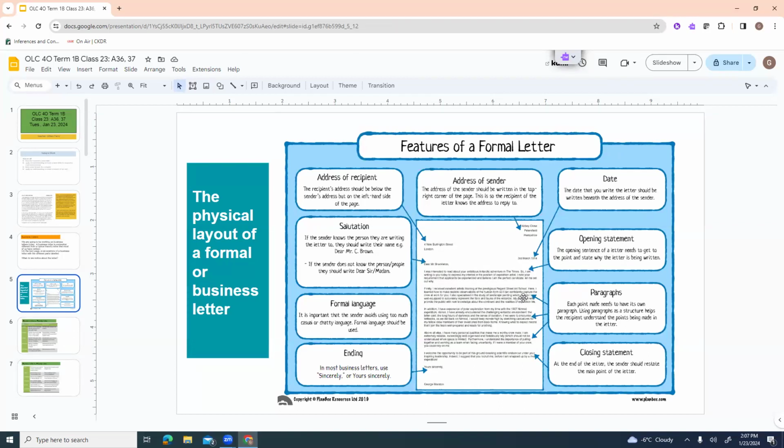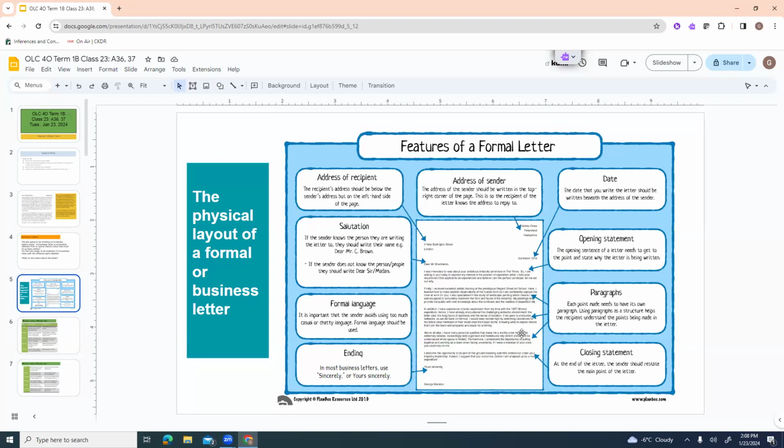Then you're going to have small paragraphs. You don't want to make long paragraphs here. Each point needs to have its own paragraph. Using paragraphs as a structure can help the recipient understand the points being made in the letter. So one thing might describe your education that you think applies to the work. Another one might mention work experiences that show that you could do a good job.